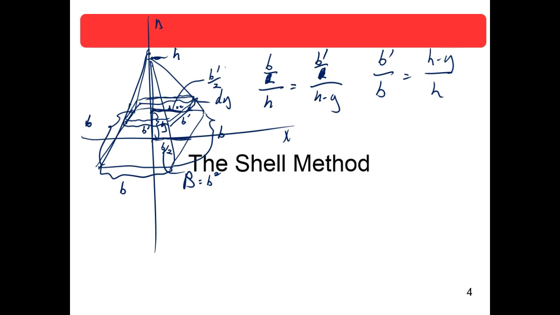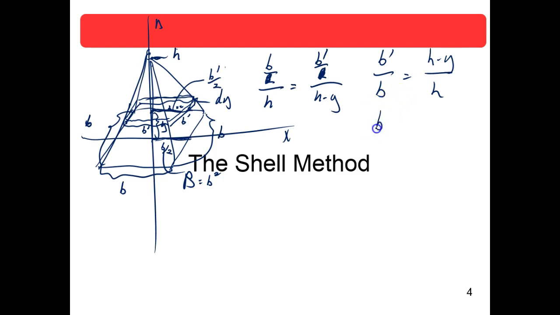Now, the b prime is going to give you the dimensions, the area of this, because the square of b prime is going to be the area, so that's all in terms of what was given. The h, the capital, the little b, and the y.